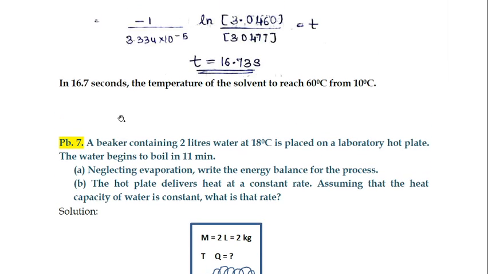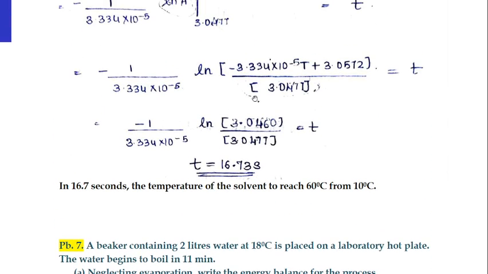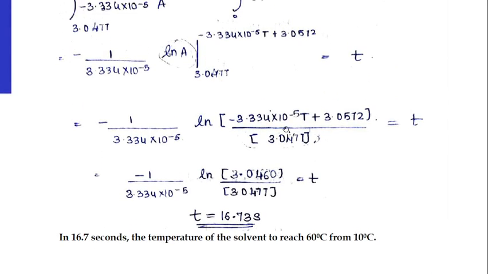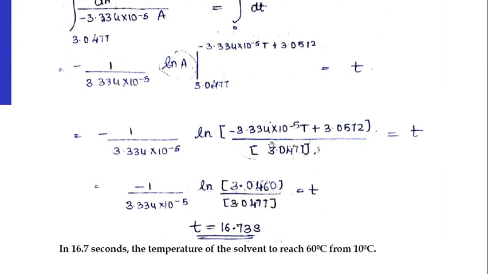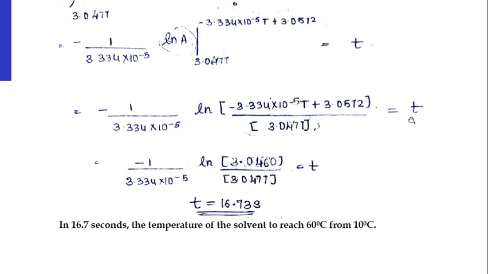That solution you have to consider. Yeah, you can calculate the time based on that. Time is t minus 0, because initial time is 0, final time is t. Upon substitution, you end up with t is equal to 16.73 seconds.